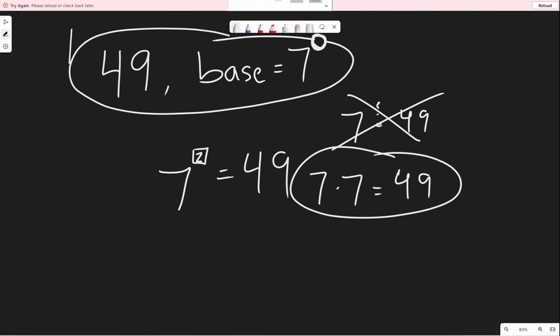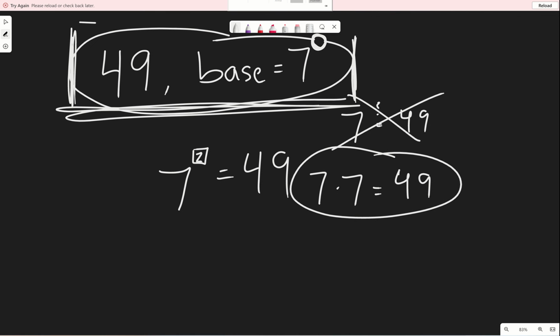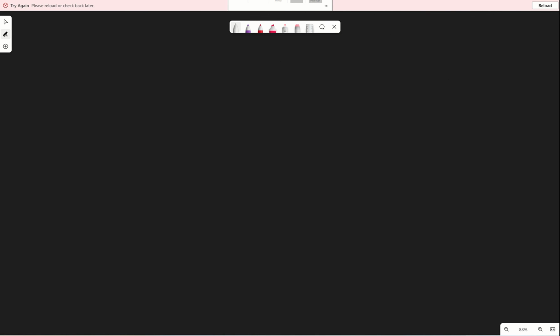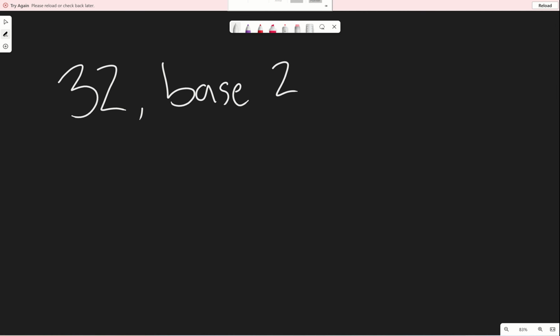Right, when I'm seeing this here, I'm trying to find out what my exponent is going to be. My answer is 49. My base is 7. So here, my answer is 32. My base is 2. What is my exponent?